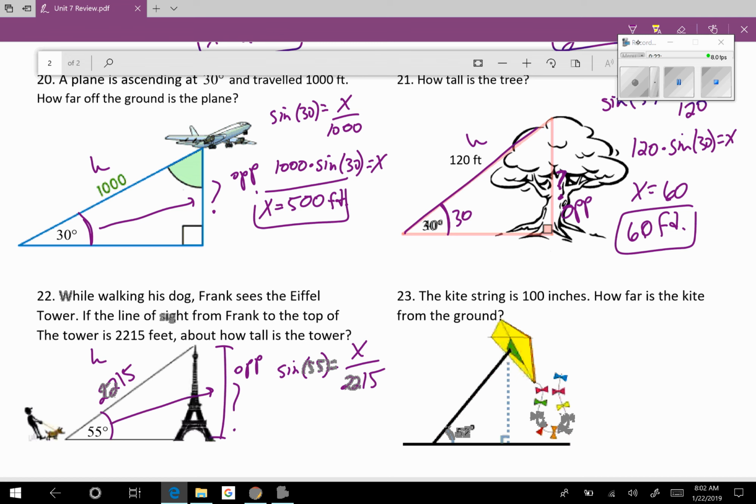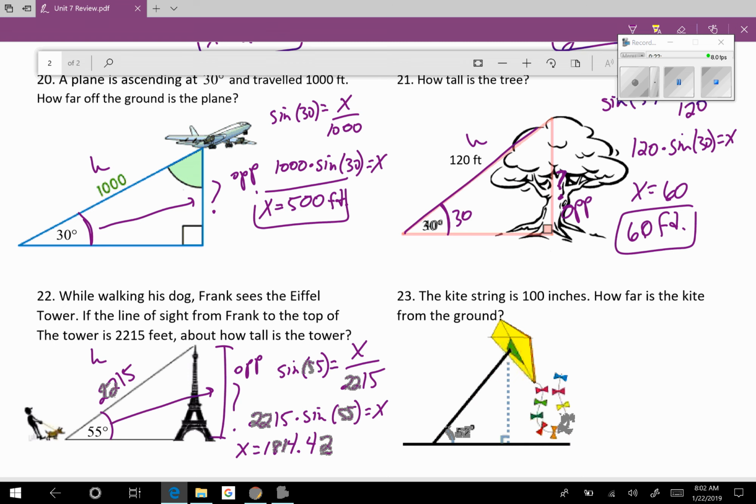So we've got the number in the bottom, so we just end up multiplying. So 2215 times the sine of 55. So the height of the tower, if we do 2215 times the sine of 55, you get 1,814.42. Okay, look at the 2.